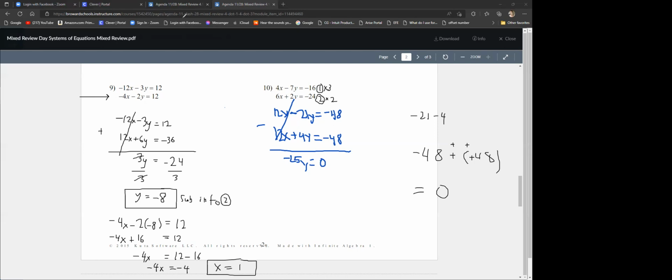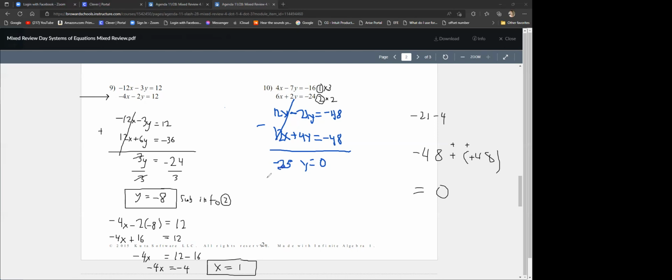What number is this? 25. Negative 25. Okay, so y equals what? y equals 0.